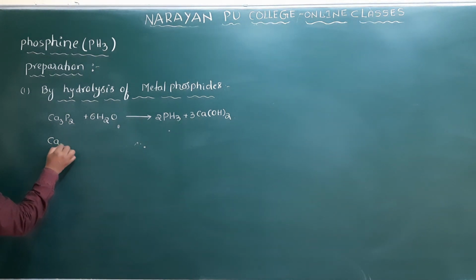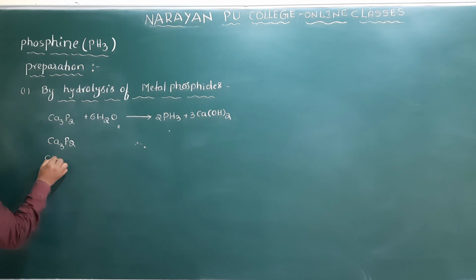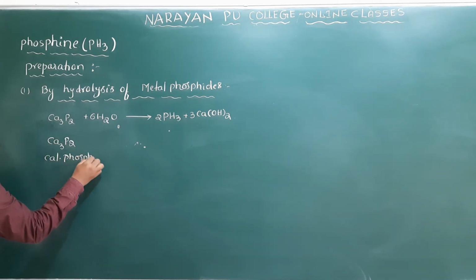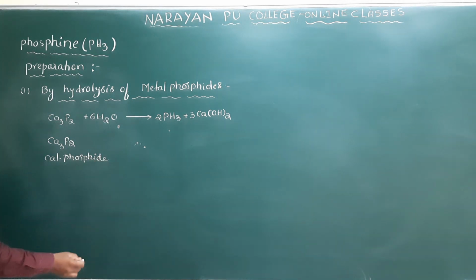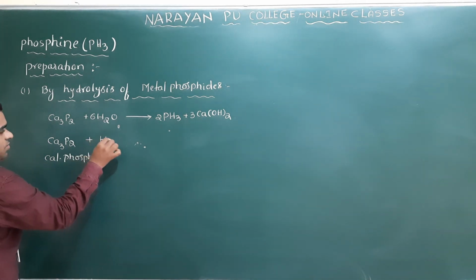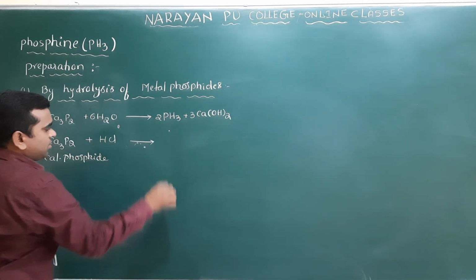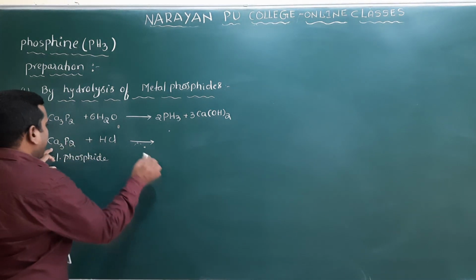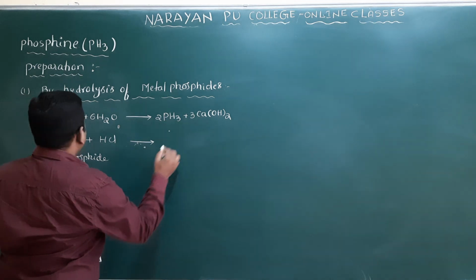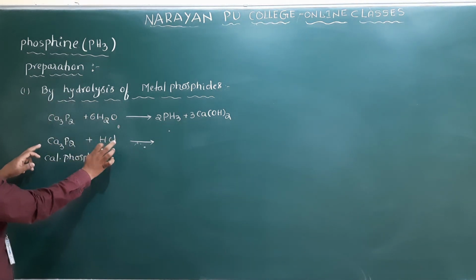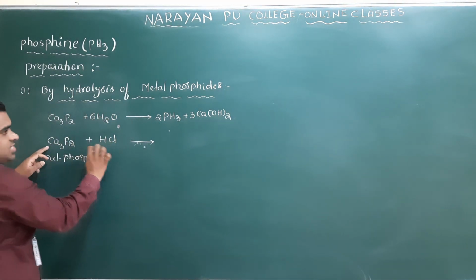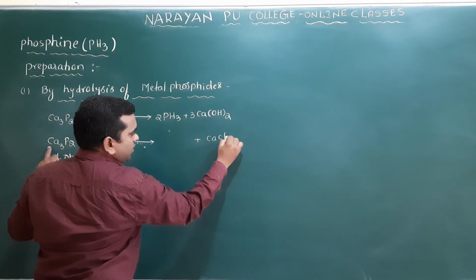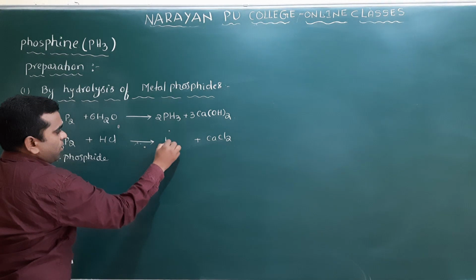Take the same calcium phosphide and treat it with HCl. Previously you got hydroxide; now, since chlorine is there, you will get calcium chloride, CaCl2, plus phosphine.